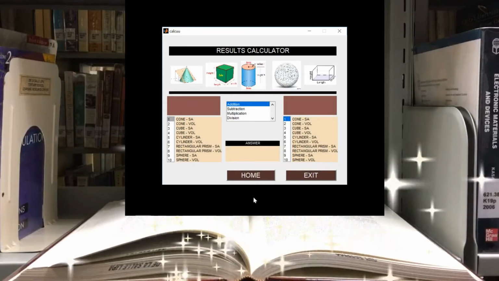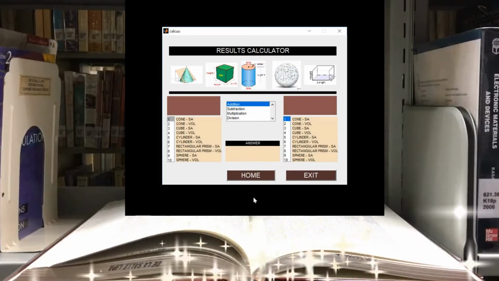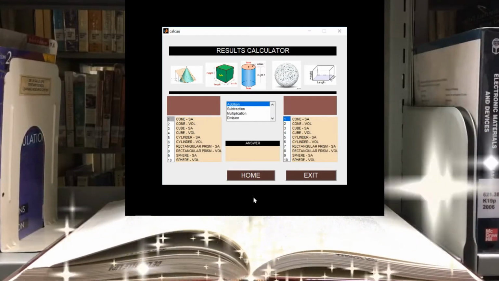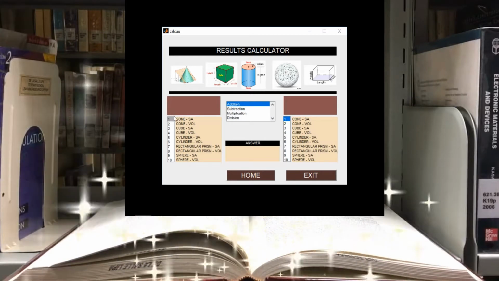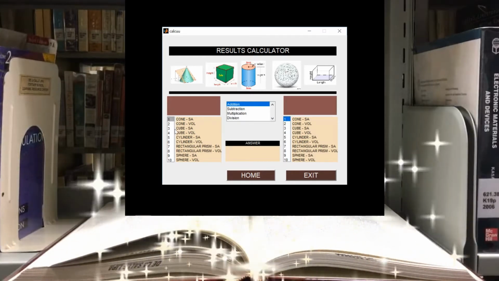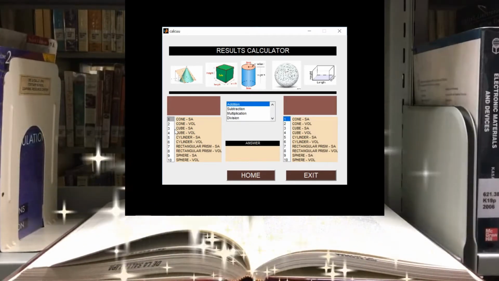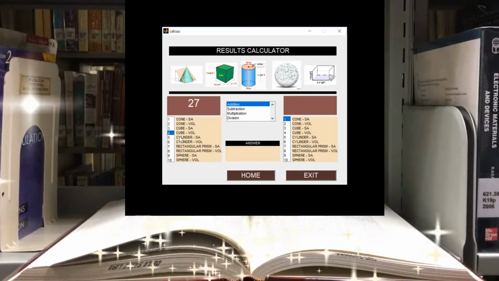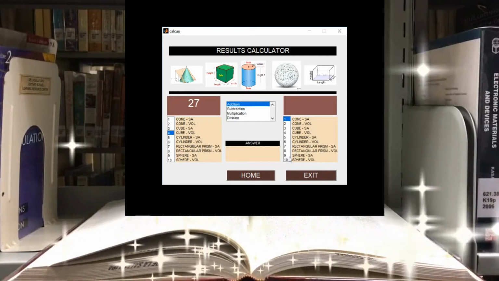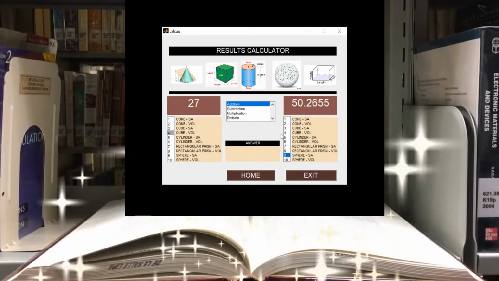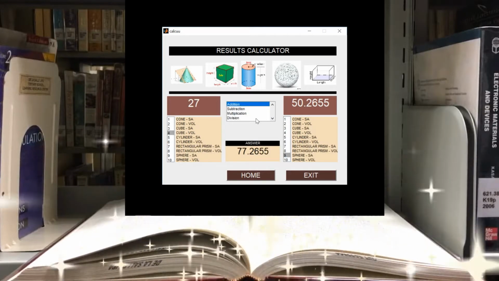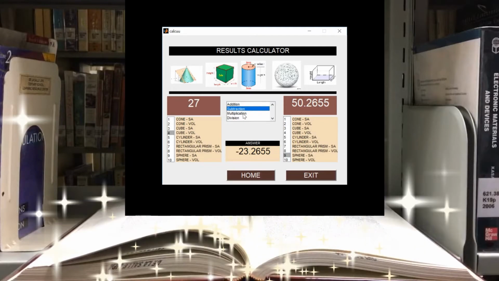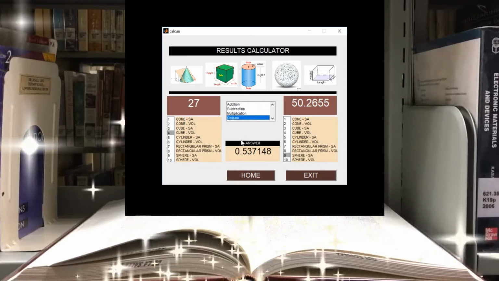On this pane, the results calculator, there are 10 different choices from the left and from the right, for cone, cylinder, cube, rectangular prism, and sphere. And then we choose the values that we want to add, subtract, multiply, and divide. Let's try this one. The volume of a cube that we got a while ago, and the sphere surface area. If you want to add 77.26 plus 50, subtract, multiply, and divide.